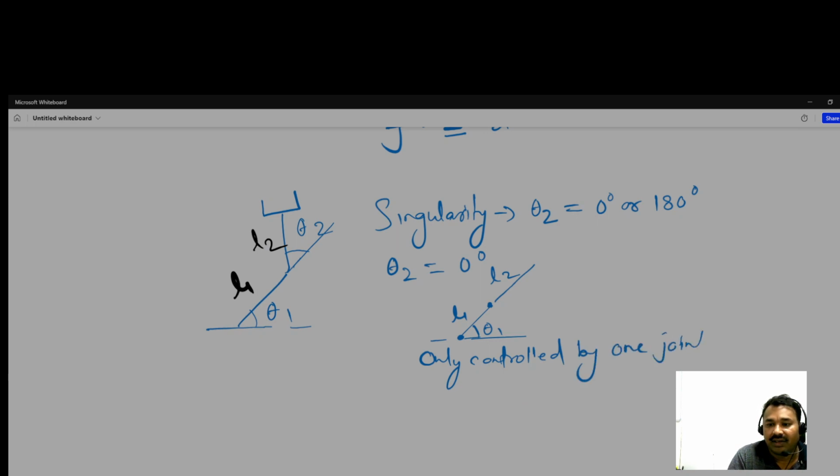One joint means one motor. So we lost a degree of freedom.